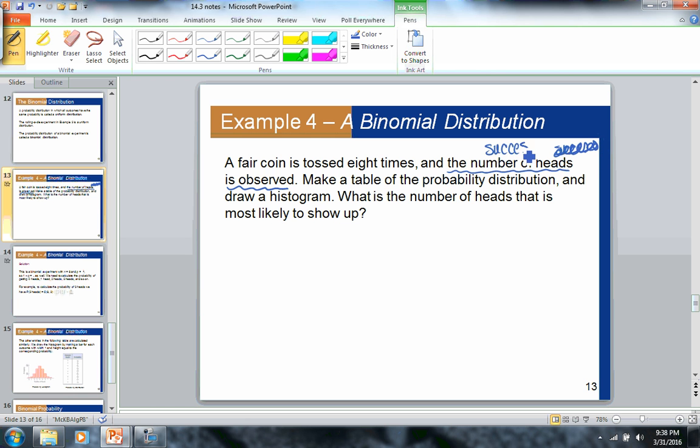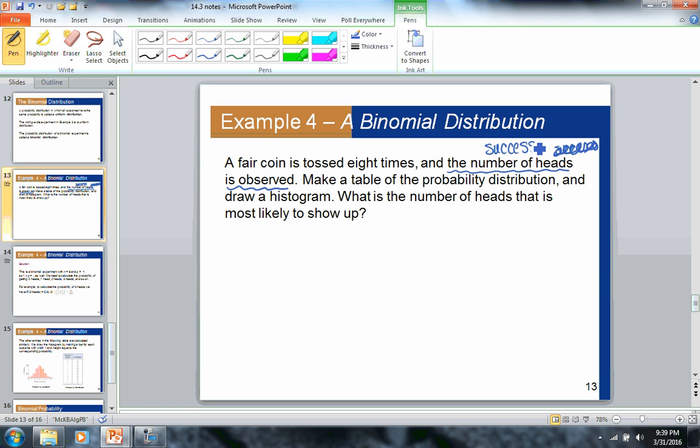S-U-C-C-E-S-S. There we go. Everything else would be failures. Okay, so anytime we roll a head, that's a success. Failure, we're not counting it. So we want to make a table of the probability distribution and then draw the histogram. And then identify what number of heads is most likely to show up. So we have to answer an actual question here afterwards.